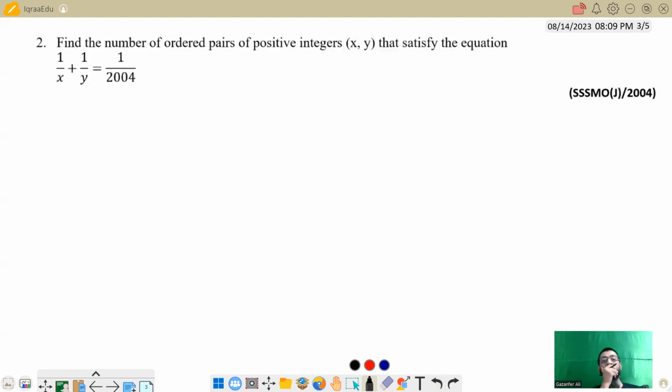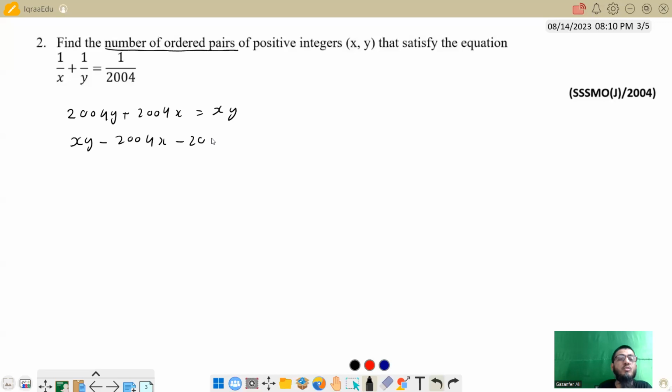Next question. Find the number of ordered pairs of positive integers x, y that satisfy this equation. We have to find the number of ordered pairs. Okay. So this is simple. First, we'll simplify this. 2004y plus 2004x is equal to xy, or xy minus 2004x minus 2004y is equal to 0.